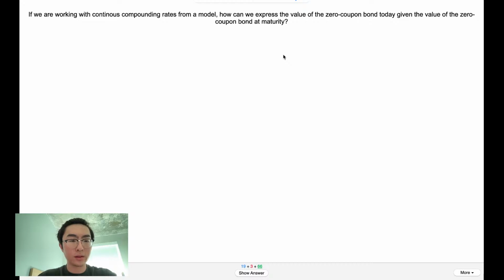If we are working with continuous compounding rates from a model, how can we express the value of the zero coupon bond today given the value of the zero coupon bond at maturity?